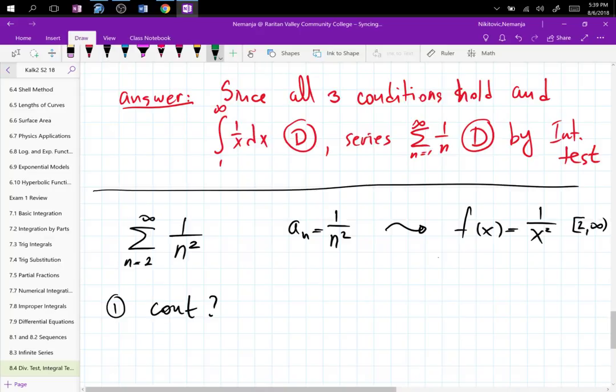We have to say yes, because you have division of two polynomials where denominator cannot be 0.